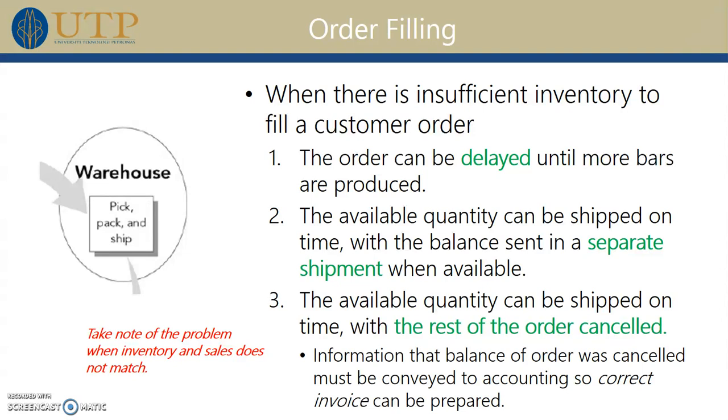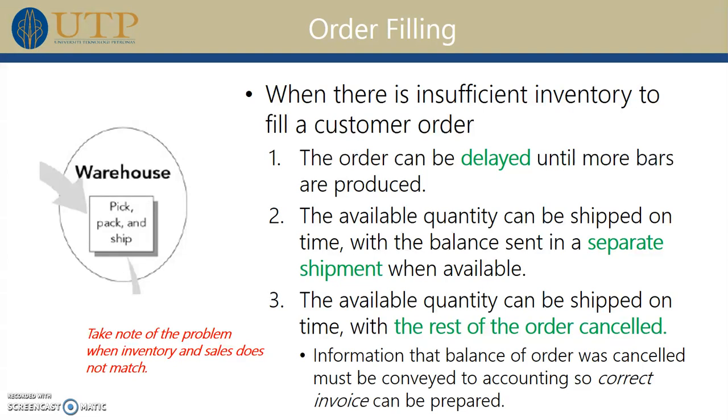The problem is that when there is insufficient inventory to fill a customer order, the order can be delayed until more bars are produced. Secondly, the available quantity can be shipped on time with the balance sent in a separate shipment when available. And thirdly, the available quantity can be shipped on time with the rest of the order cancelled.